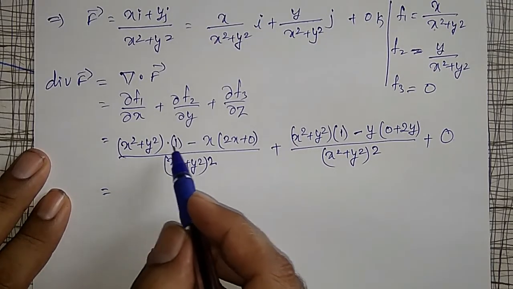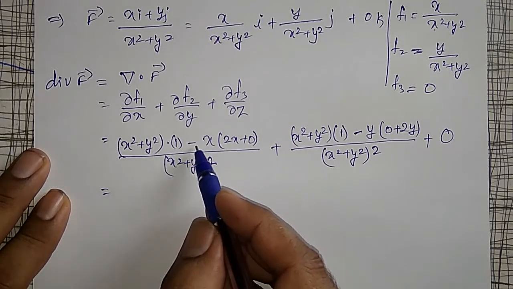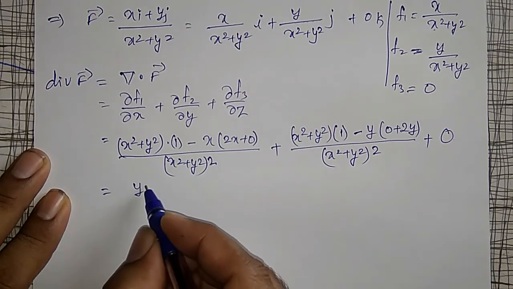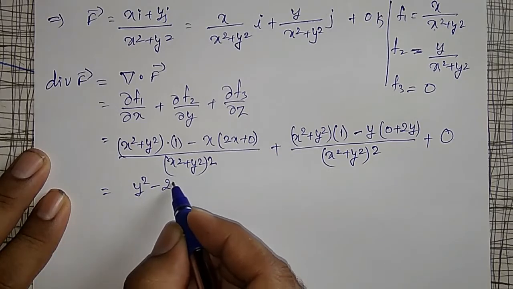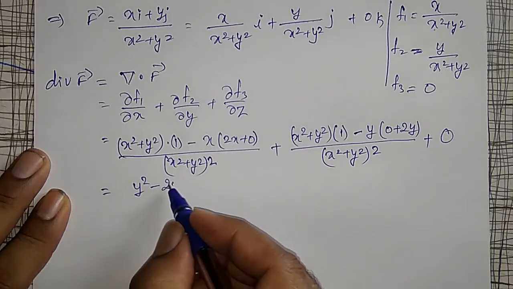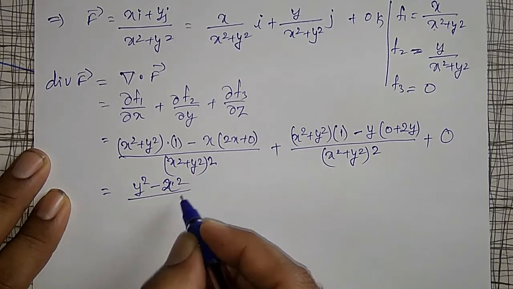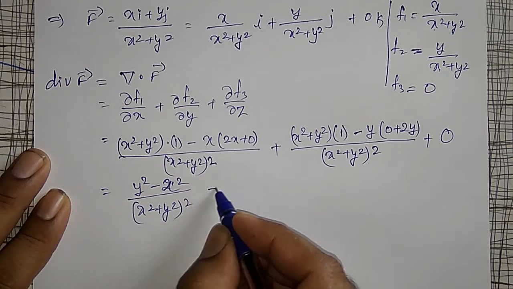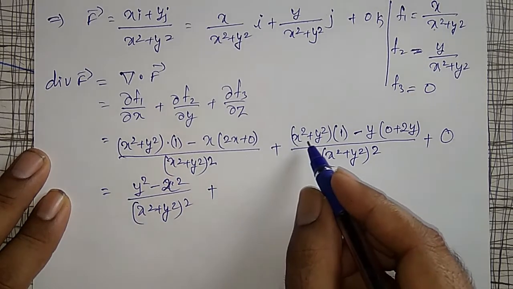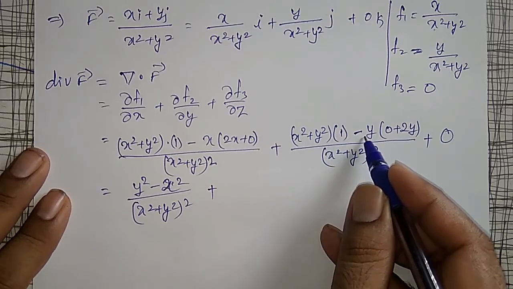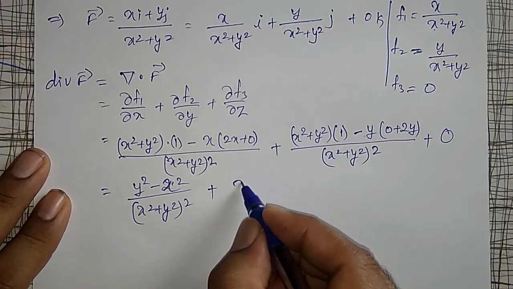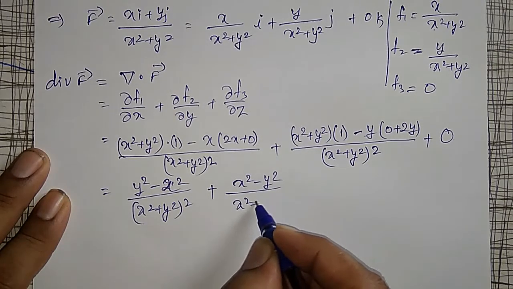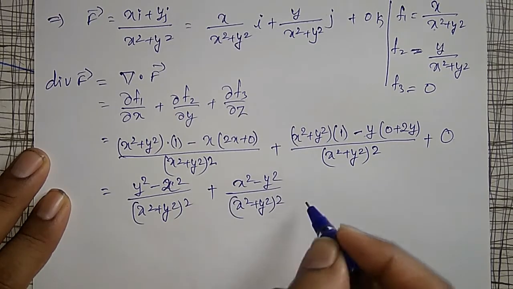Let me simplify this. x square plus y square into 1 will become x square plus y square minus 2x square. Therefore, it becomes y square minus x square divided by (x square plus y square) the whole square, plus x square plus y square into 1 minus 2y square will become x square minus y square divided by (x square plus y square) the whole square.